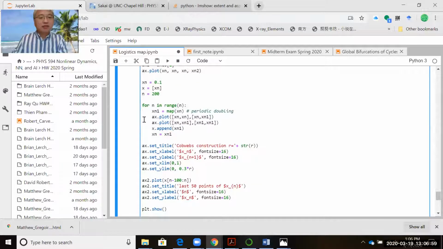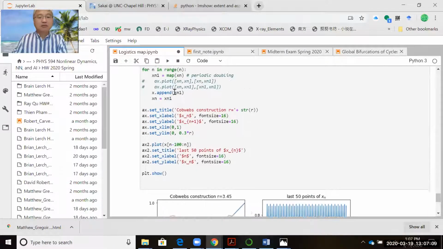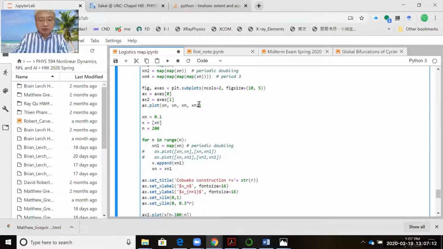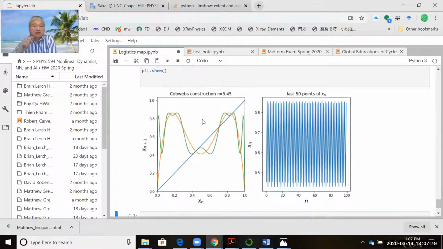And let me not put the cobweb diagram on. Here, the orange one is the second iteration map, and at this fixed point you can see the slope is now greater than 1, so it becomes unstable.